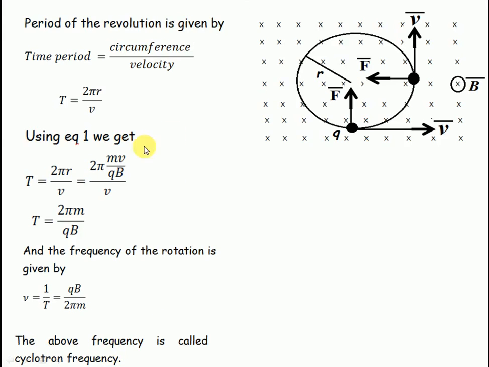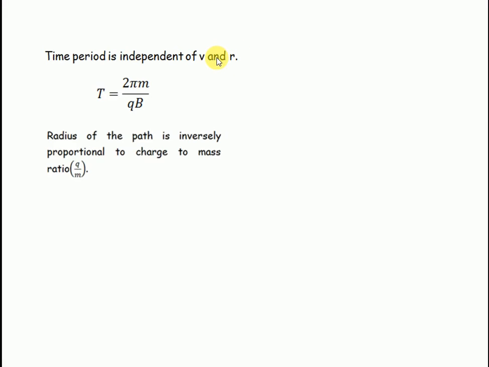So here we have got the radius of the circular path, the time period, and the frequency of revolution. The time period is independent of v and r. The time taken by a charge to complete one revolution is independent of velocity and the radius. The radius of the path is inversely proportional to q/m, the charge to mass ratio.